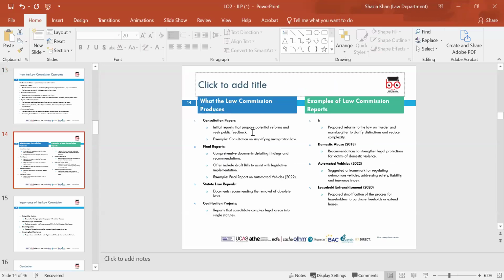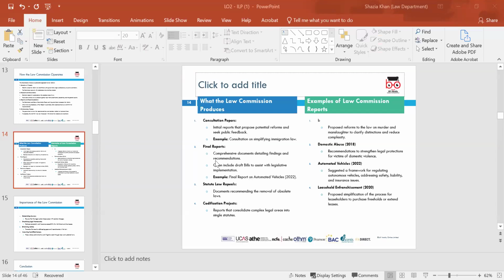What the Law Commission produces. The Law Commission produces recommendations, initial consultation papers, and final reports, to identify any changes.